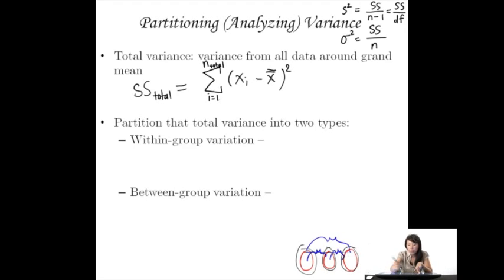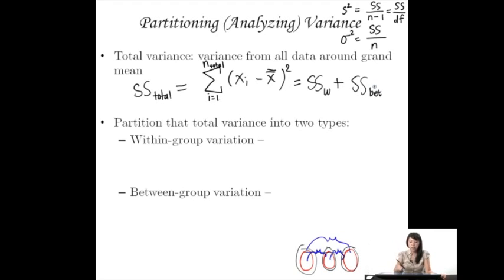That's going to be important because this sum of squares total is made up of sum of squares within plus sum of squares between. So we're taking this whole variance and partitioning it into within group variance and between group, or between sample, variance.